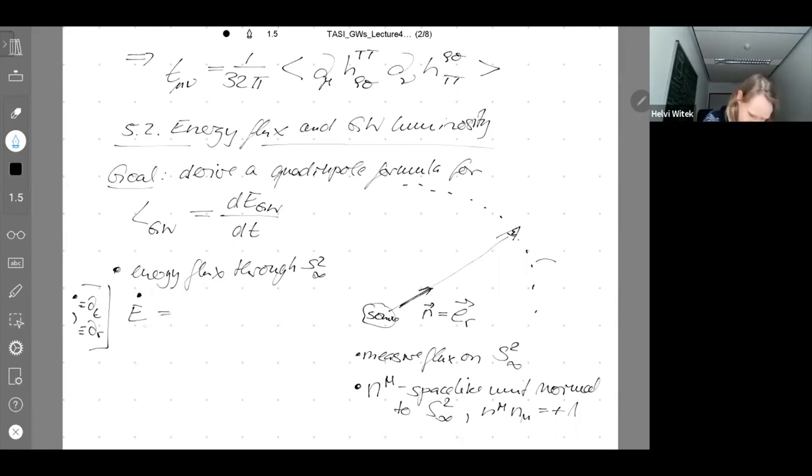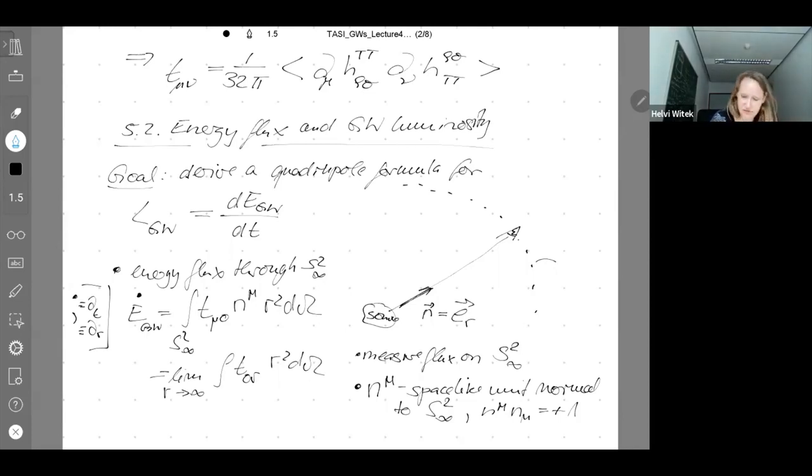Now the energy flux here would be given by an integral of our energy momentum tensor that we've computed before, T^mu0, contracted with this normal vector, and then integrated over our sphere. If we write that out, in the limit that the radius goes to infinity, it is the integral of T^0r, so that's the contraction, and then r squared d omega.